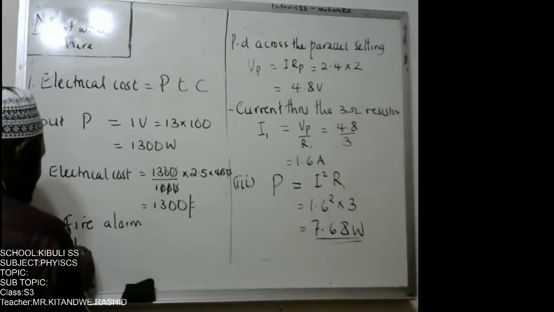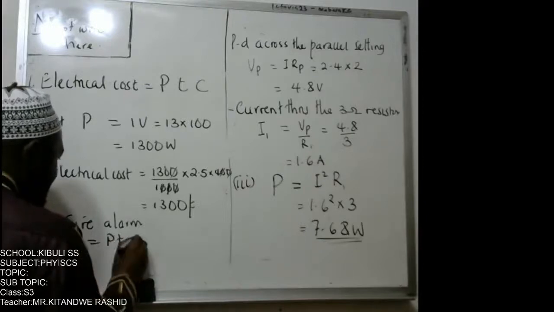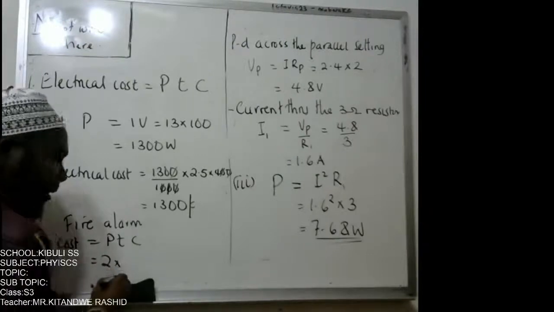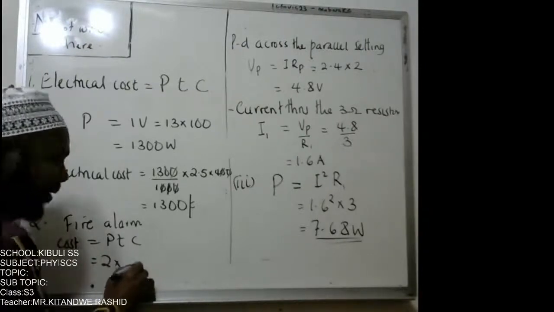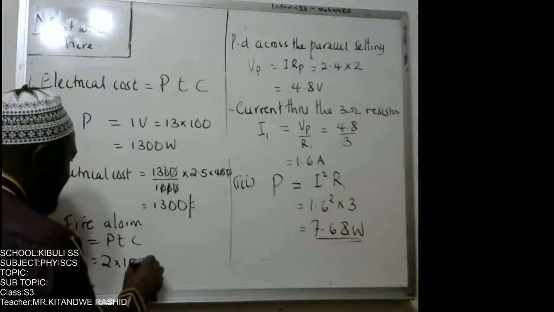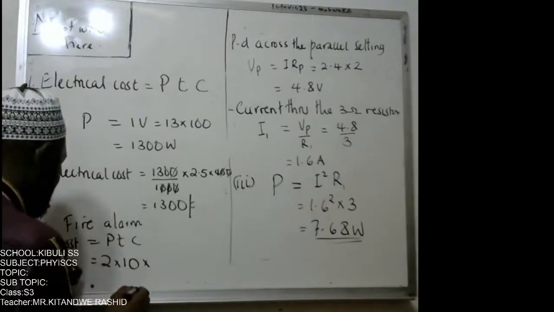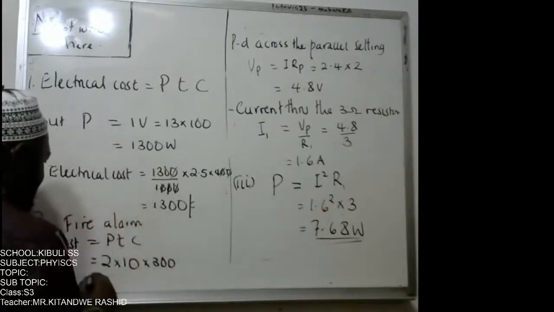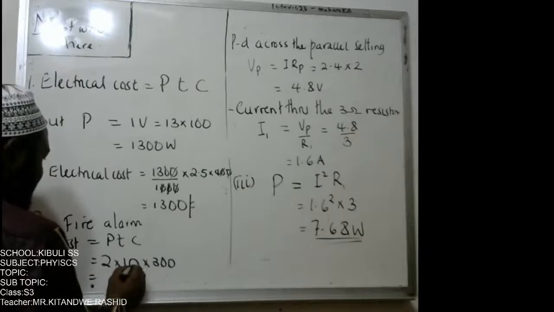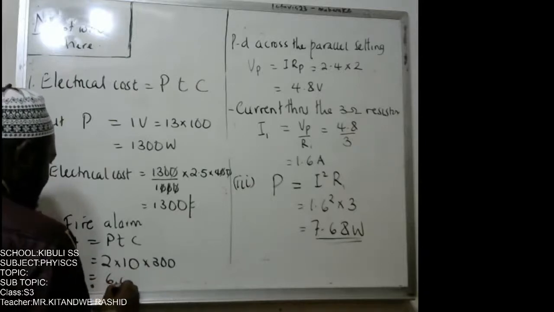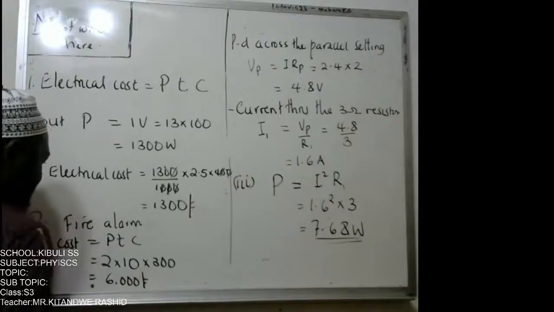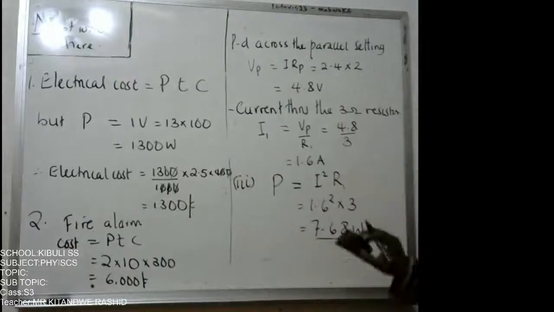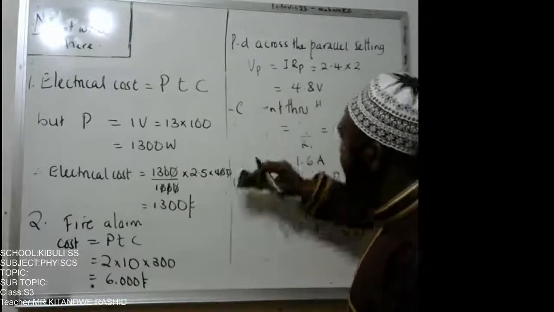Cost for the fire alarm is PTC. Power is 2 kilowatts, time is 10 hours a week, times cost per unit, 300. This gives 6,000 shillings. Only for the fire alarm, we are spending that amount per week.